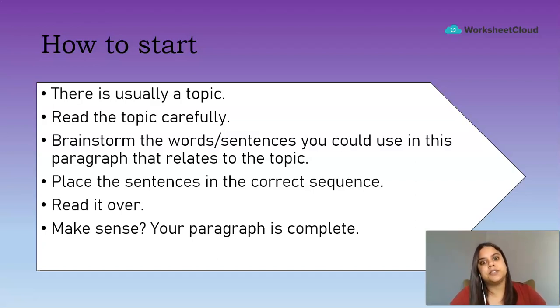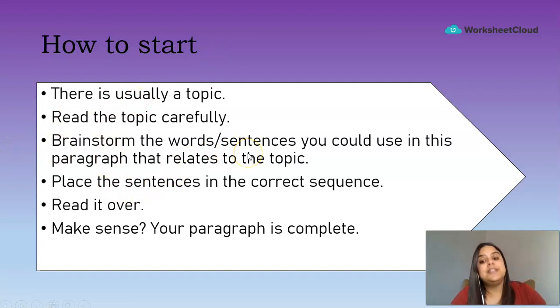But usually if it's written for an assessment purpose, then there is a topic, okay? You need to read that topic very carefully, because sometimes the reason we lose marks in a paragraph is because we're not really sticking to the topic. And that's what's important. Stick to the topic and try and find out any kind of information that the topic can give you.